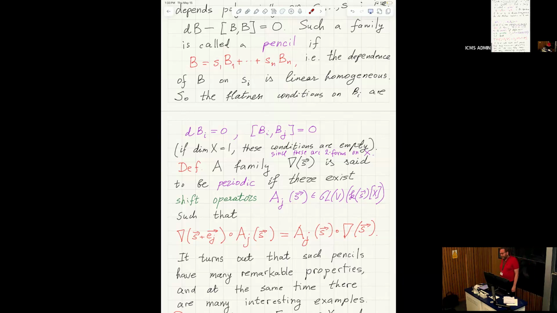So the differential equation is defined on the complement of diagonals, and the shift operators don't have poles on the complement of diagonals. They only have poles on the diagonals.